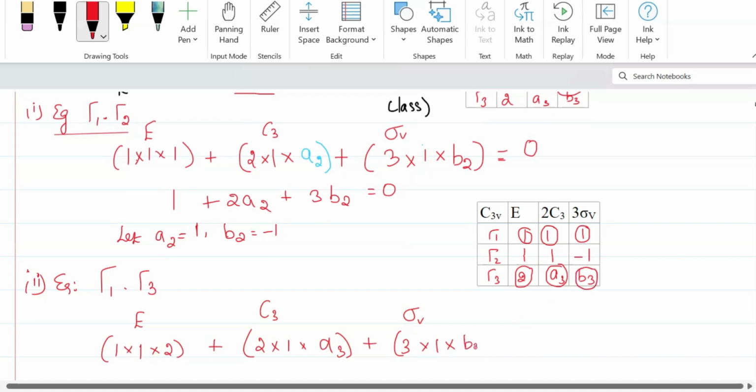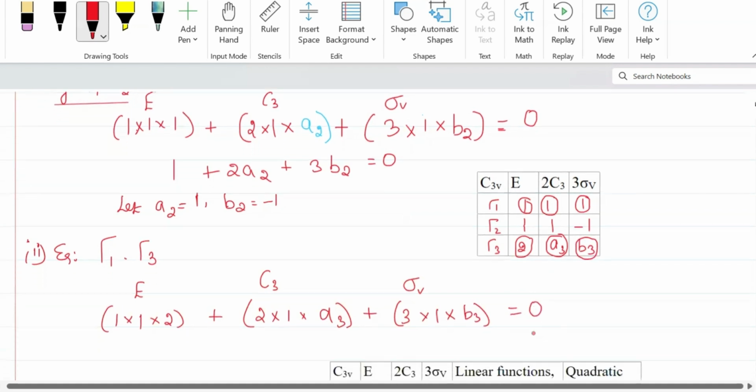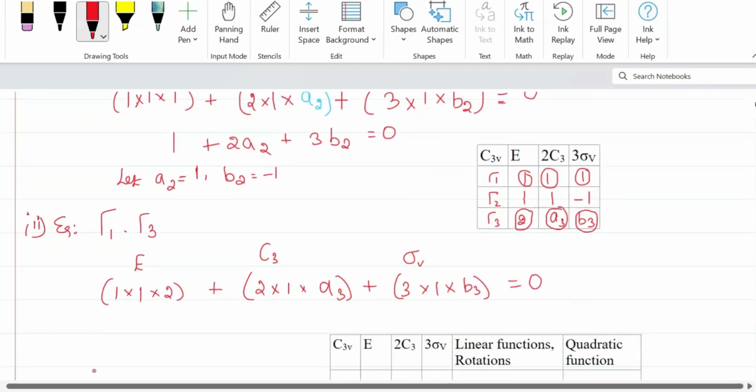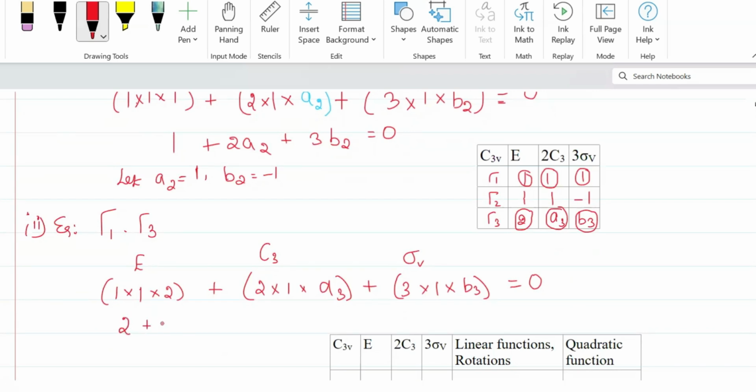Product B3, and all should satisfy what? Orthogonality condition, 0. So what do you get here? 2 plus 2A3 plus 3B3 equal to what? 0.